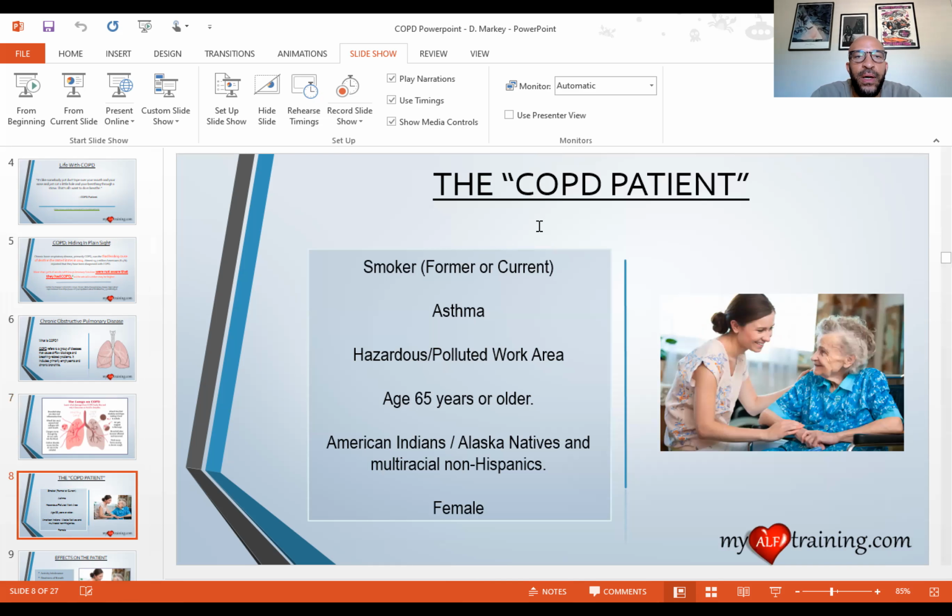All right. So what does the COPD patient look like?